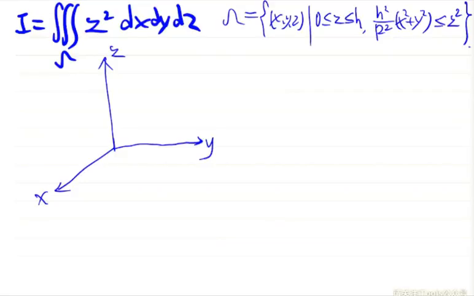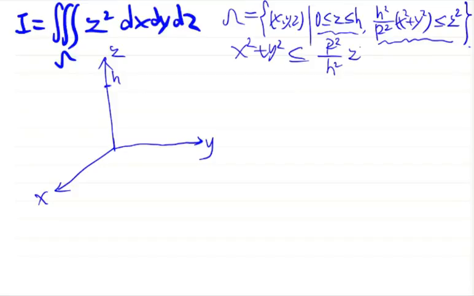And then for omega, the range of z is 0 to h. So this is a plane z equal to h. And then the xy is bounded by this: x squared plus y squared less than r squared over h squared times z squared.